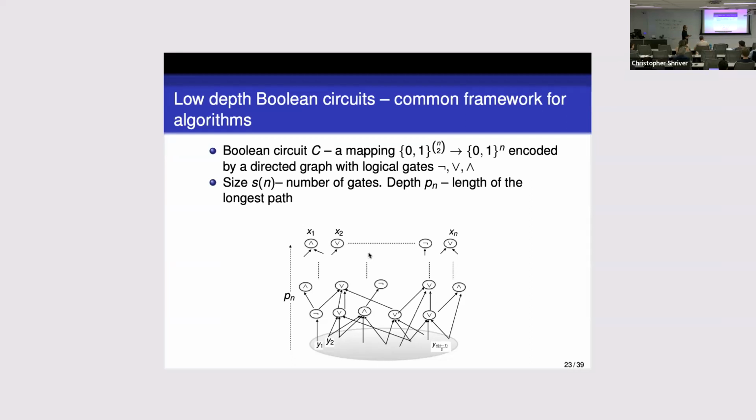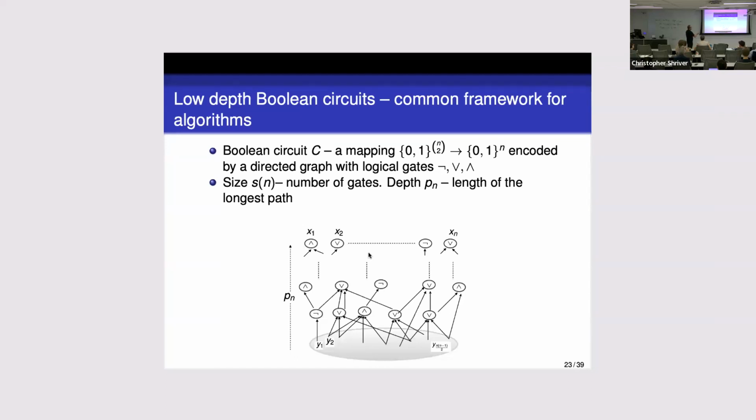It works as follows. A Boolean circuit is an algorithm. As an algorithm, it needs to be able to map inputs to outputs. So it needs to map, for example, graphs to decisions, like a concrete independent set that you want to construct from the graph.